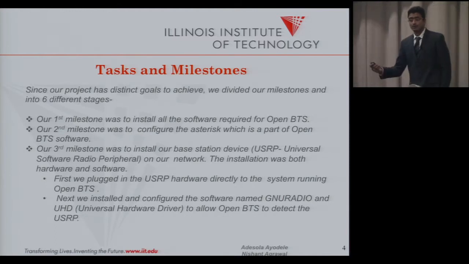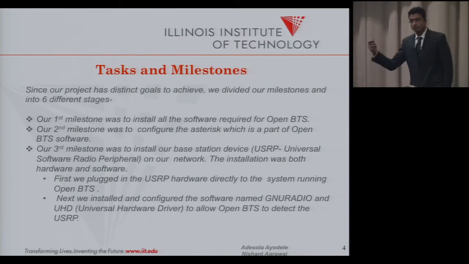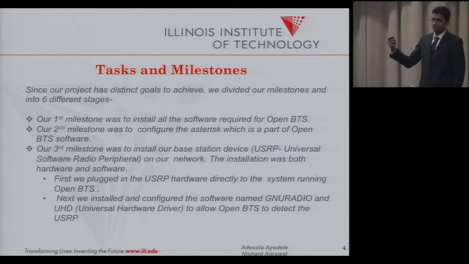Its work is to provide the signal whenever user agent 1 is calling user agent 2. It provides a signal so that your call can flow through. And we need 2 softwares for this. The first one is the GNU Radio, which is available as open source.